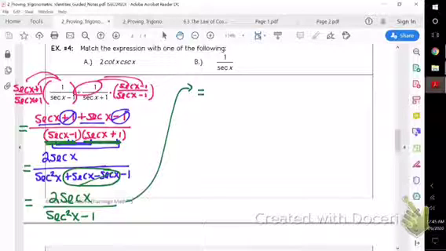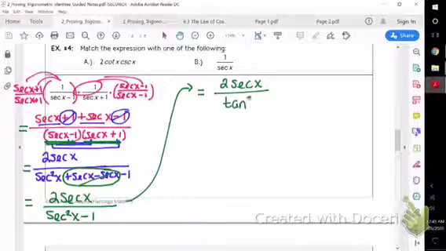All right, so what can I do? Well, looking in the denominator, I see a trig function squared and a 1. So what is secant squared of x minus 1? So I'm going to rewrite my numerator here. And that came from those Pythagorean identities. Secant squared of x minus 1 is tangent squared of x.